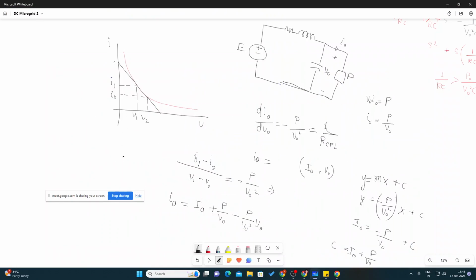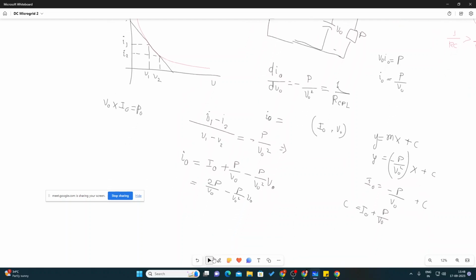V naught into I naught equals P. Hence this can be written as twice P by V naught minus P by V naught square small V naught. That's how the expression comes: I naught equals 2P by V naught minus P by V naught square small V naught.